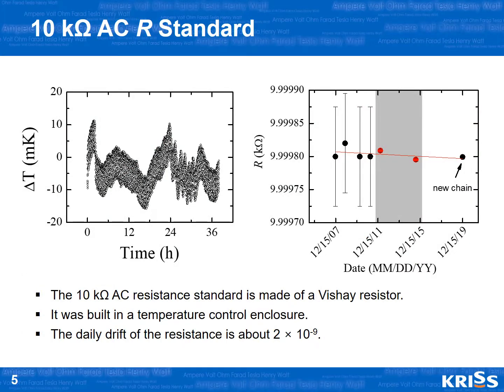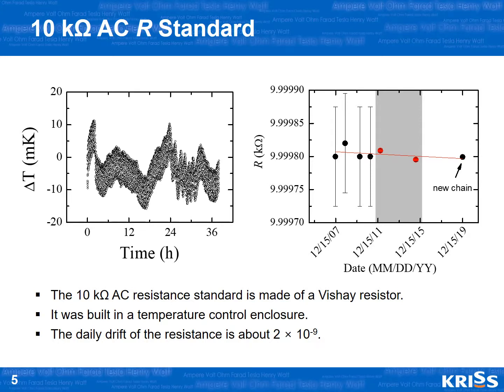The 10 kilo-ohm AC standard resistor. The resistor is the VC resistor, model 516-4. It is kept in a temperature-controlled enclosure, and its AC value has been calibrated regularly for a long time.